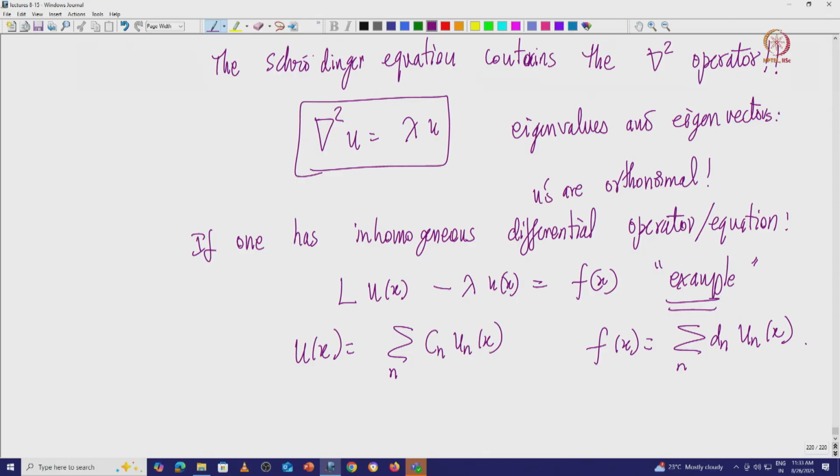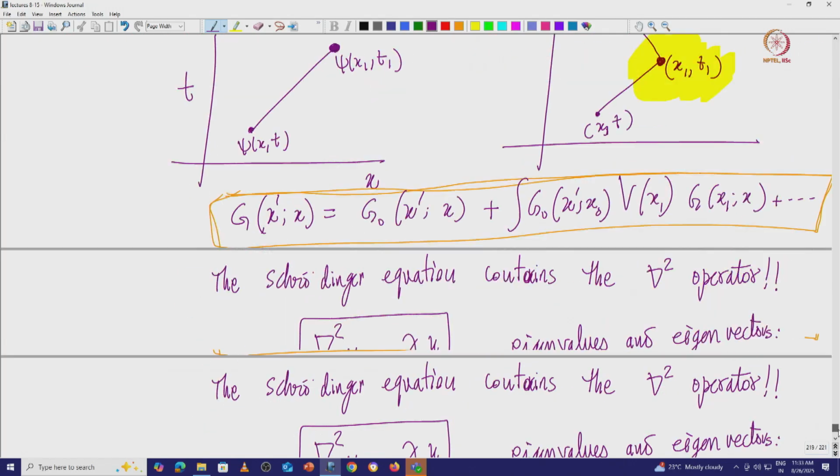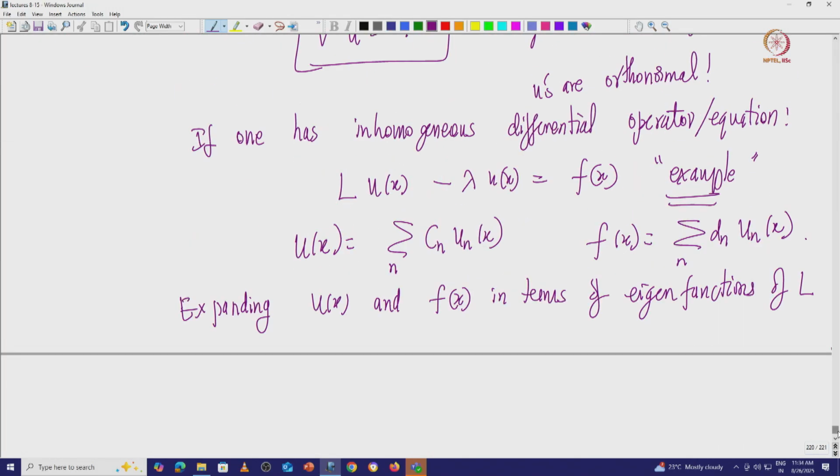So the basic idea is we are expanding u(x) and f(x) in terms of eigenfunctions of L. I will explain in a second what it means.